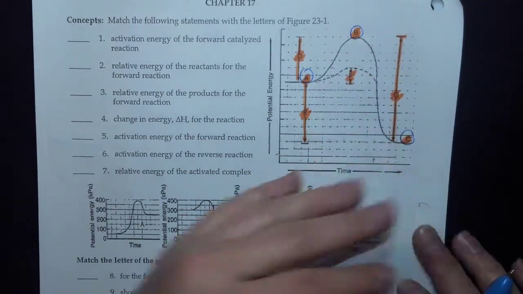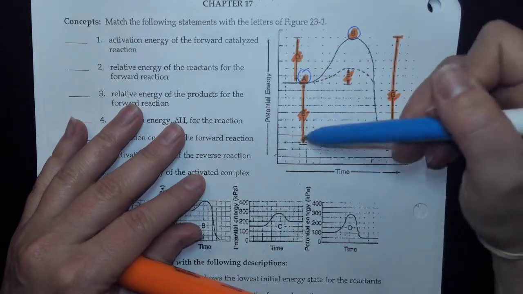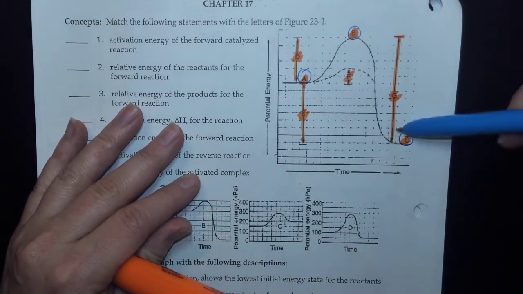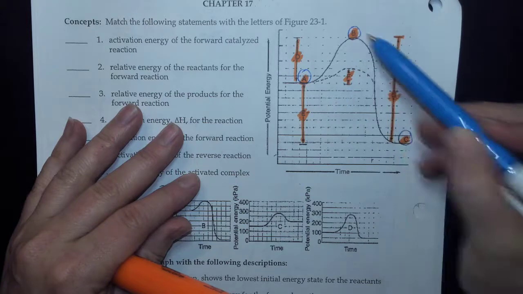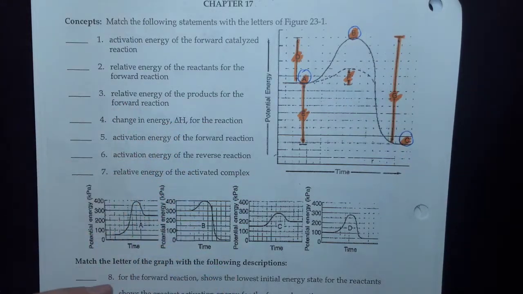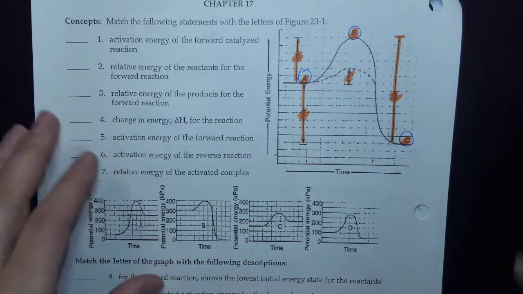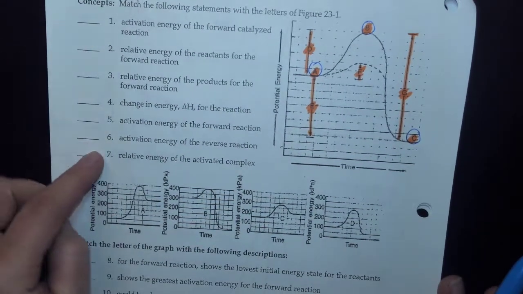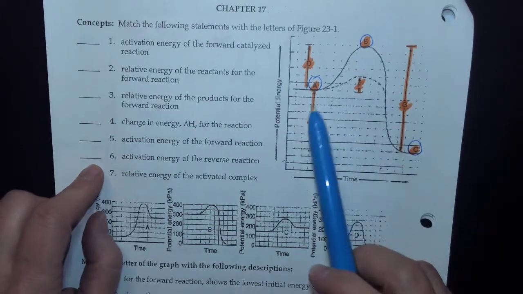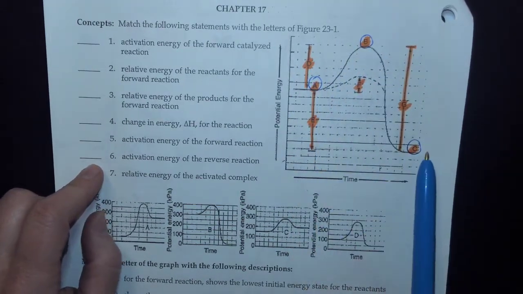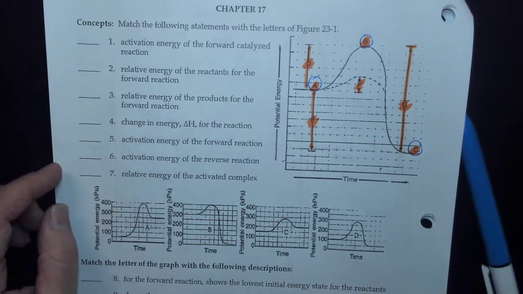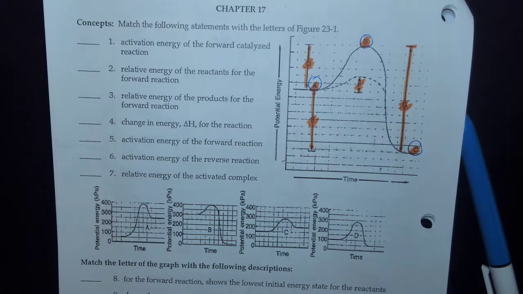So D, E, F, and G are changes. A, B, and C are locations. Something exists here versus the difference between these two places is. We have 7 statements on the left that match the 7 letters on our graph. Talk to your table partner and let's match them. And then we'll correct it as a group in a second.